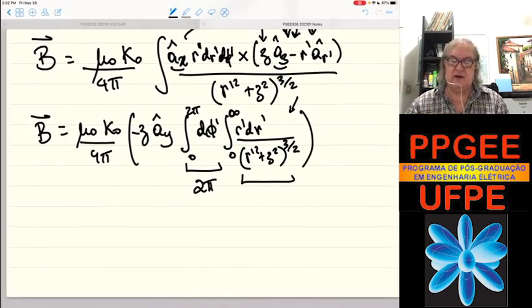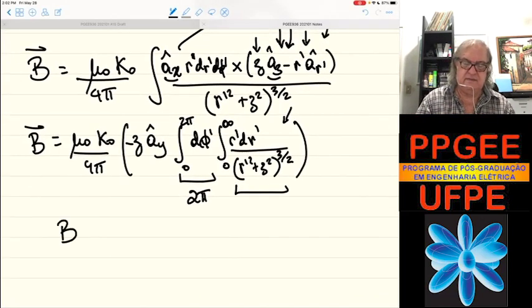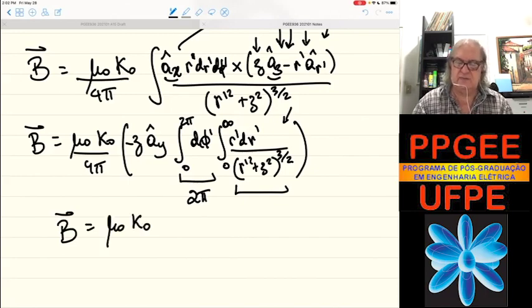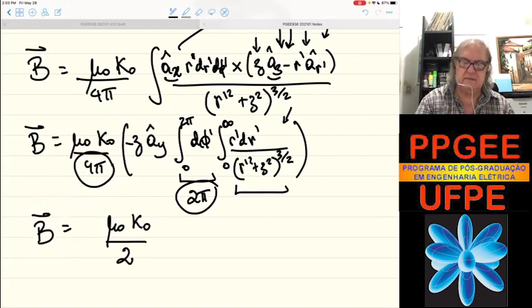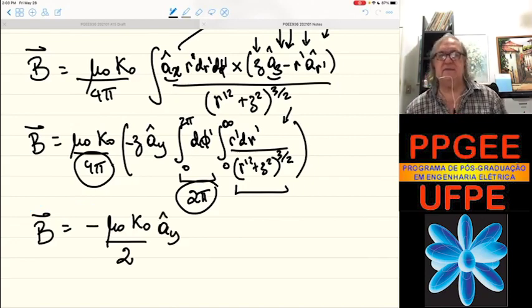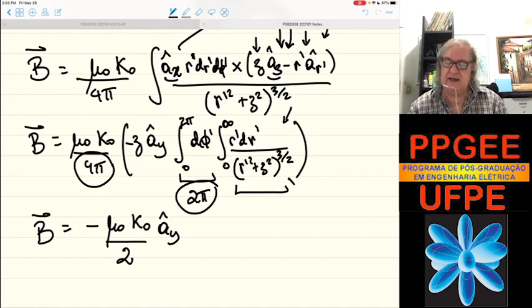When we do the calculation, we see that 2 pi cancels the 4 pi. We're going to have a 2, then a minus, and a_y. That's the result we get. It depends, in fact, because here we have an integral with a square root.